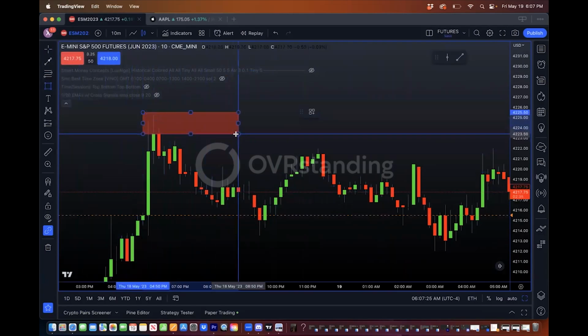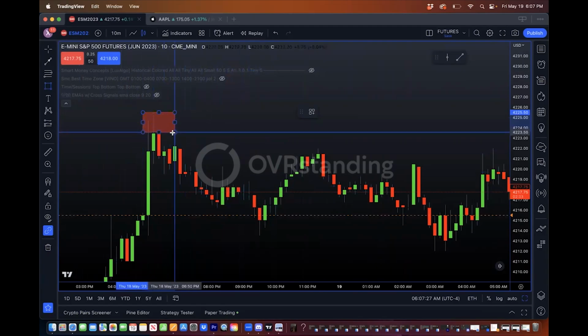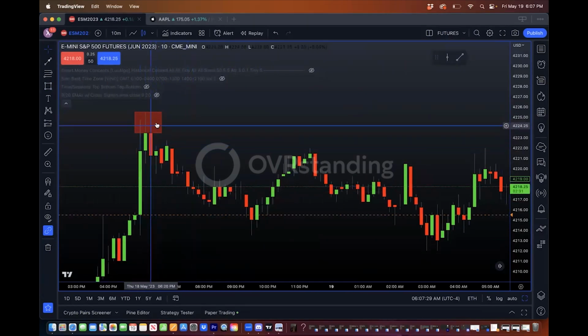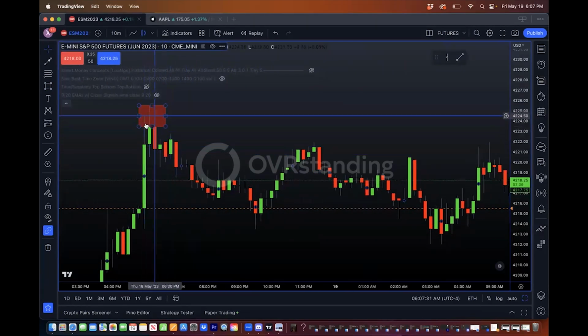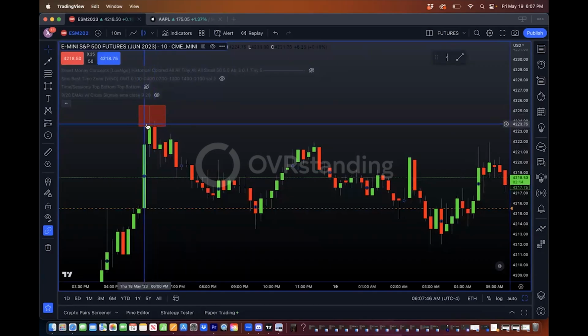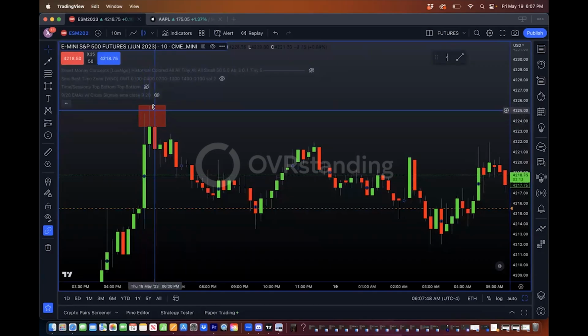So for example, here are these 3 wicks in this box. These 3 wicks show that if we look at the price, there's 4,225 and 4,223. Within this box, that's $2 worth of movement. And all of these candles have tested these levels and could not stay in this area.